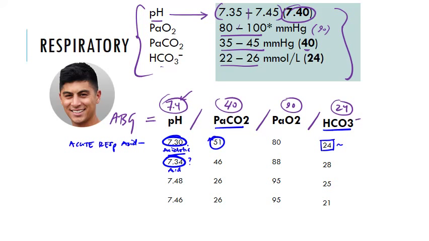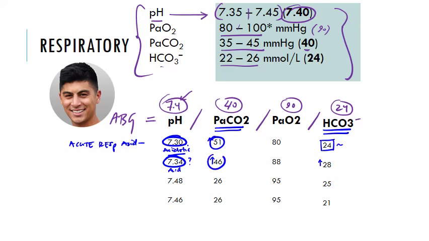And again, the question is, is it acidotic because of the lungs? Are they retaining CO2, or dumping bicarbonate? What I see here is an elevated number for CO2, and a little bit of an elevation here in bicarbonate.